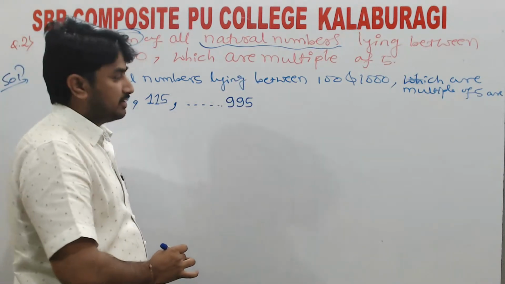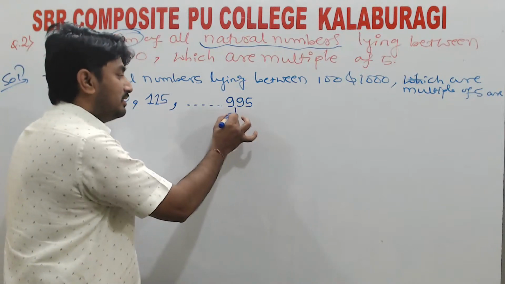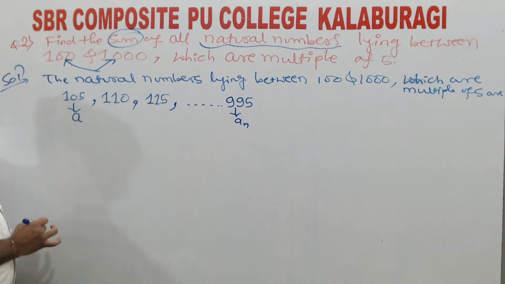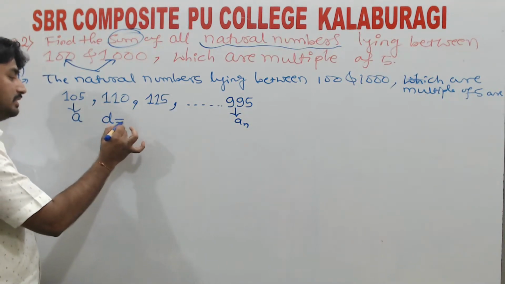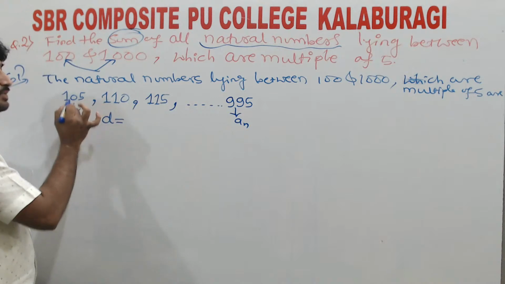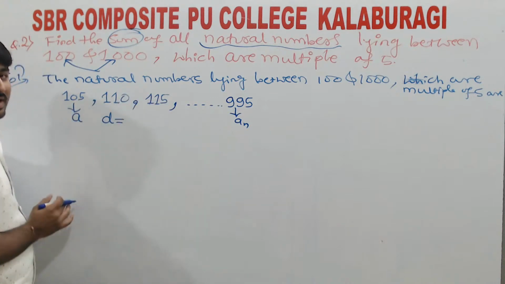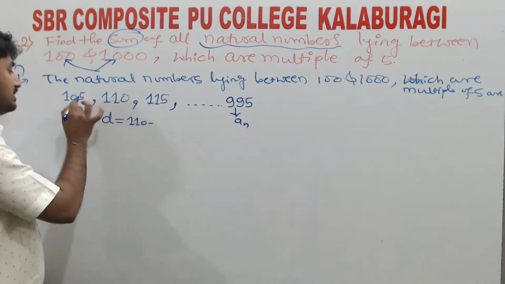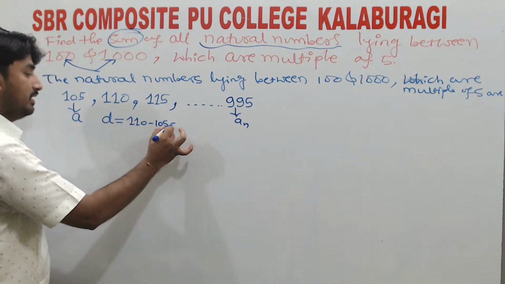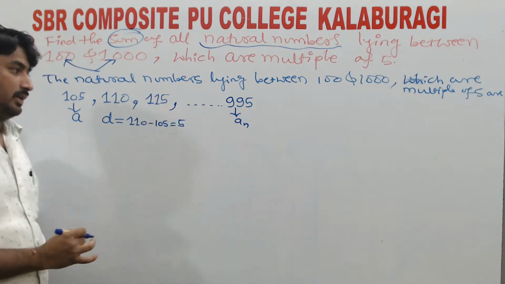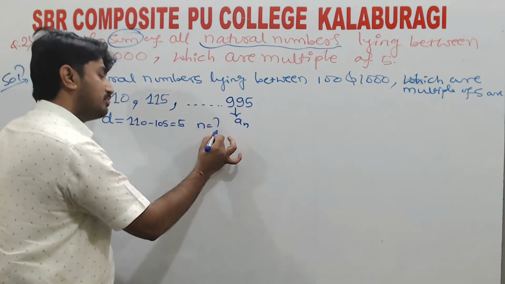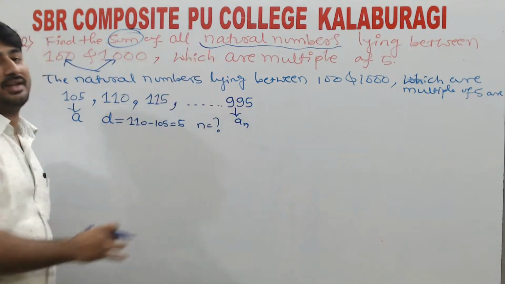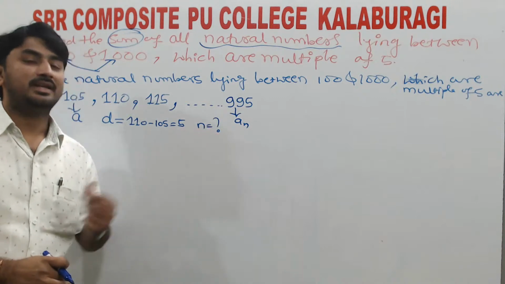That is the last term, An, and the first term is a. The common difference is the second term minus the first term. You can take any consecutive terms: 110 minus its previous term 105 equals 5. We don't know how many terms lie between 105 and 995, so we have to find n first.